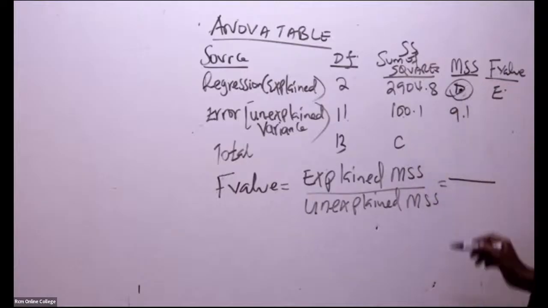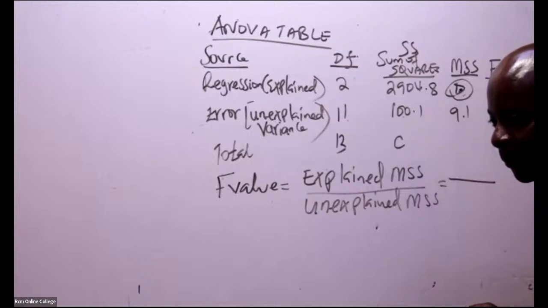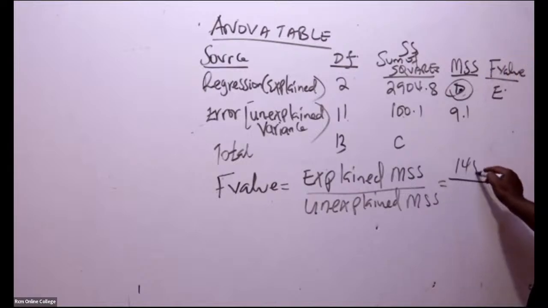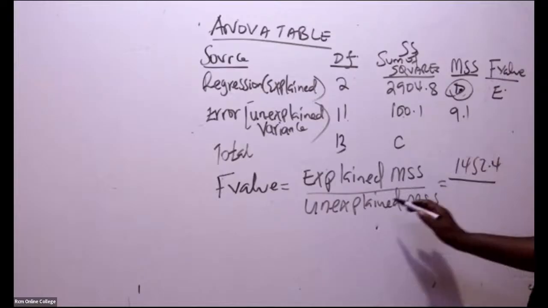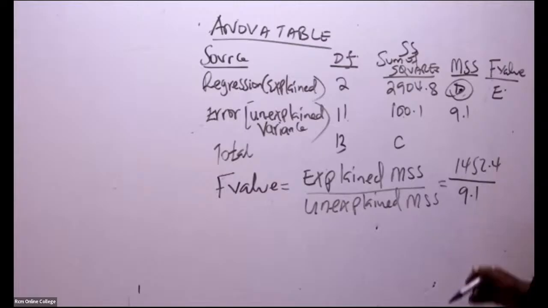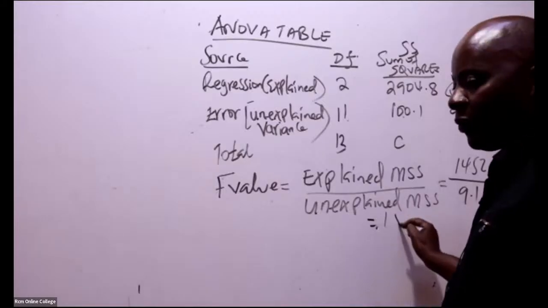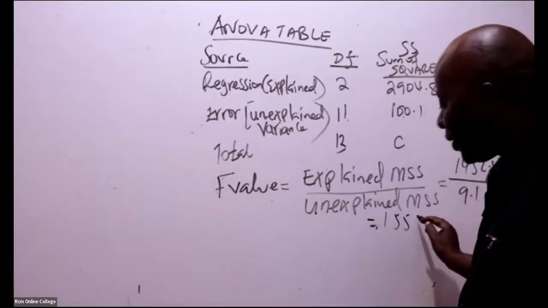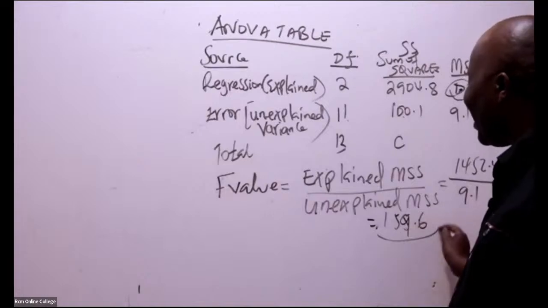So D equals what? 1452.4 divided by the unexplained mean sum of squares, 9.1, will give us the F ratio. So we get 159, which is really, really high.